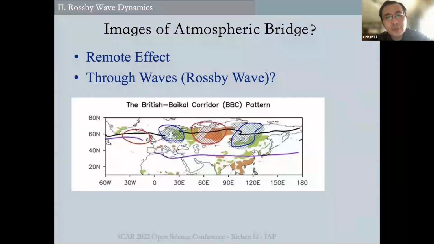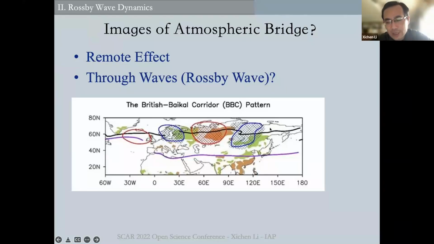When I started to learn climate dynamics, my professor told me that the atmospheric bridge, or the remote effect, usually refers to climate variability over one region that perturbs the atmosphere, changes the circulation, and propagates through planetary waves to another area, changing climate variability there.